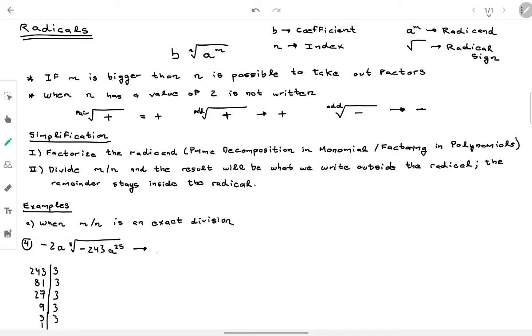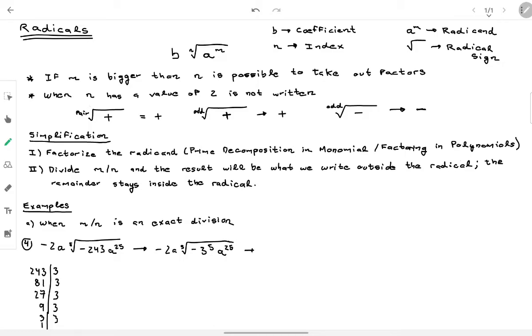That means we can change this to minus 2a, which is outside. The inside part is going to be changed to minus 3 to the 5 multiplied by a to the 25.